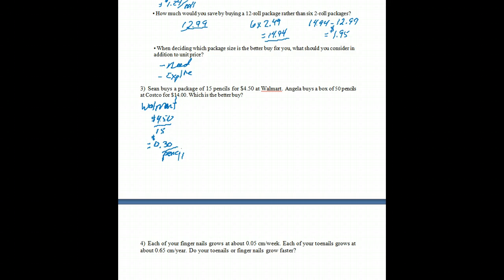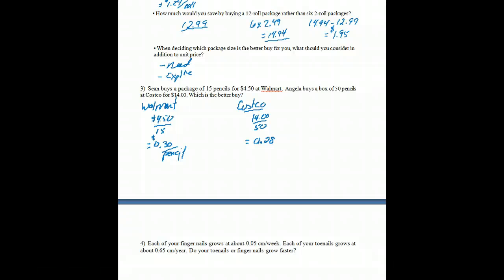And at Costco, for $14, you can get 50 pencils, and that's going to be at a price of 28 cents. So if you're only buying a couple of pencils, if you're not going to go through a lot, then saving 2 cents but having to spend 14 probably isn't worth it.